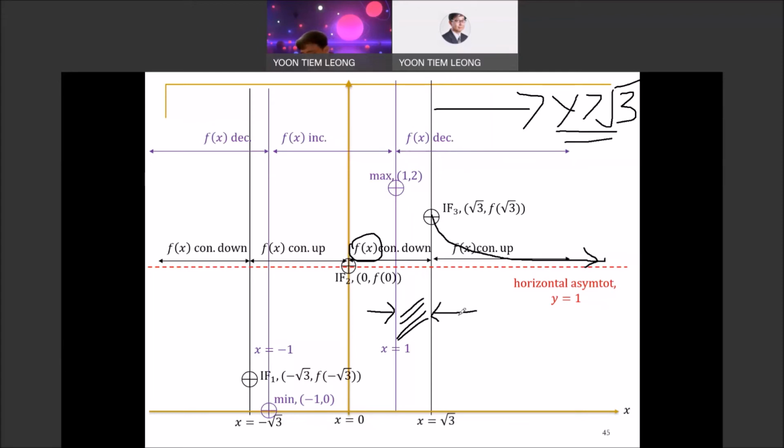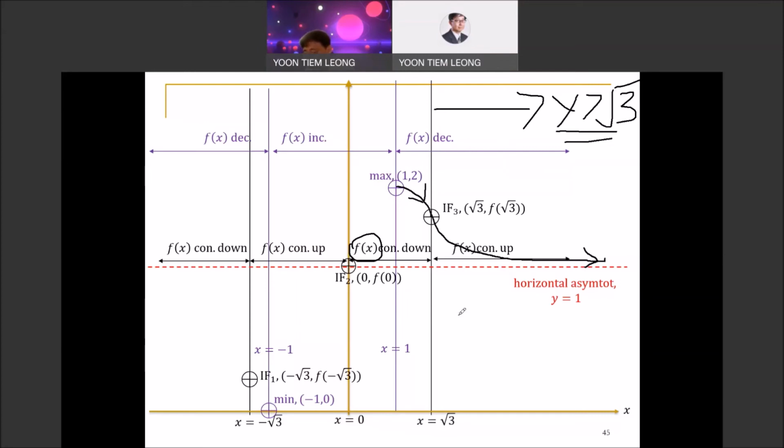It comes up from here and then comes down, and it has a negative concavity. So this is the graph in the region of x larger than 1 but less than square root of 3.